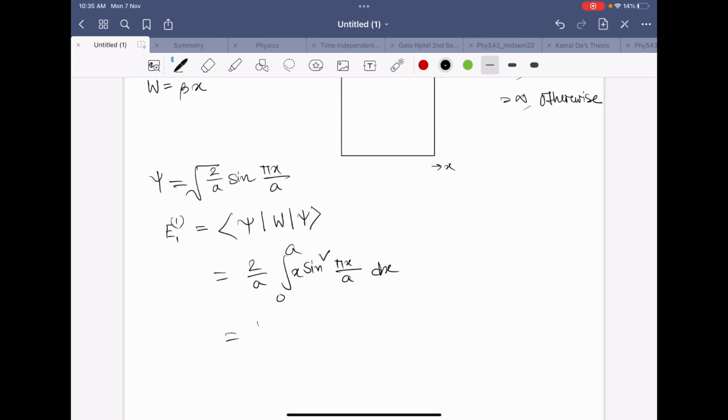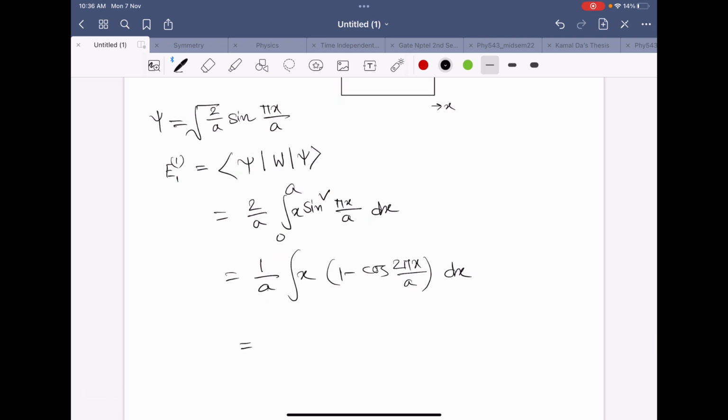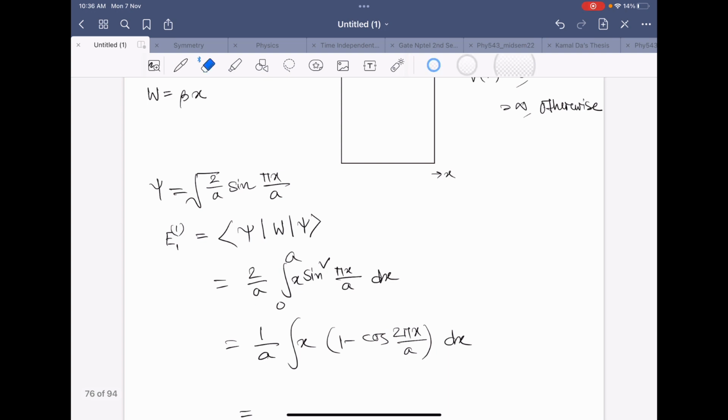So it will be 1 by a times x times (1 minus cos 2 pi x by a), because 2 sine square pi x by a is 1 minus cos 2 pi x by a. There was a beta, because W equal to beta x, so beta is also there, which is independent of x.